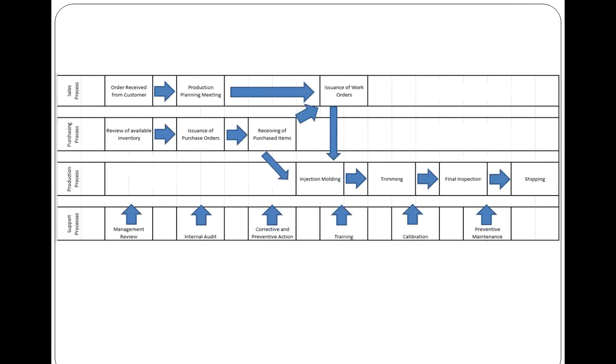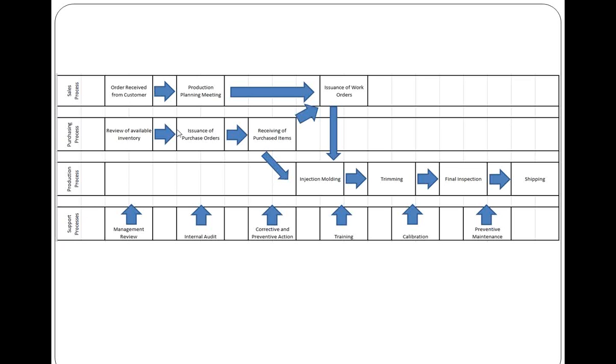This particular model that we're looking at right now is commonly referred to as swim lane because it looks a little bit like swimming lanes in a pool. And in this particular model, we have 3 core processes: sales, purchasing, production, and then we have support processes.